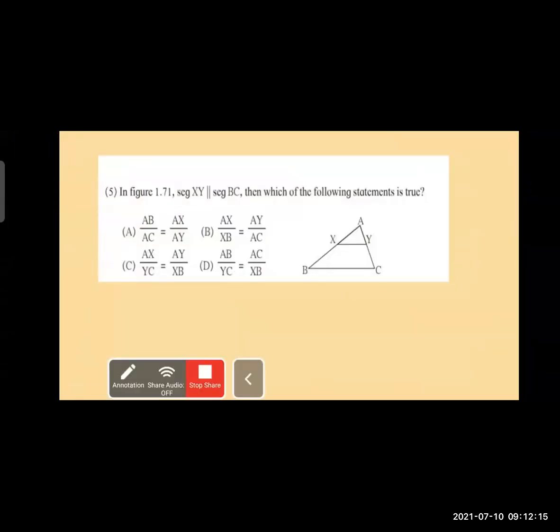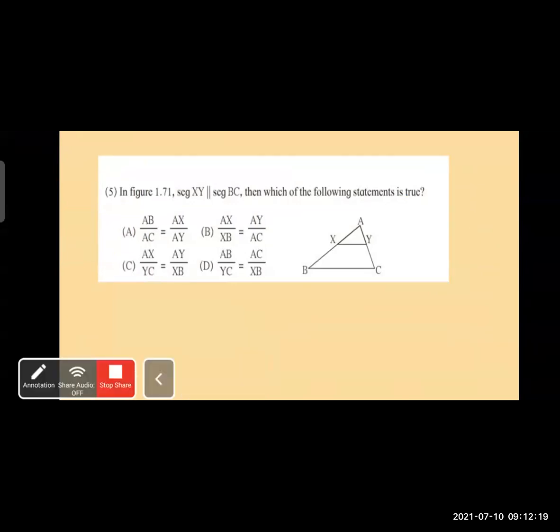Now the last question. In figure 1.71, seg XY is parallel to BC, then which of the following statements is true? This is a very simple question. They say that seg XY is parallel to BC, so apply the BPT theorem here. We write AX by XB is equal to AY by YC.